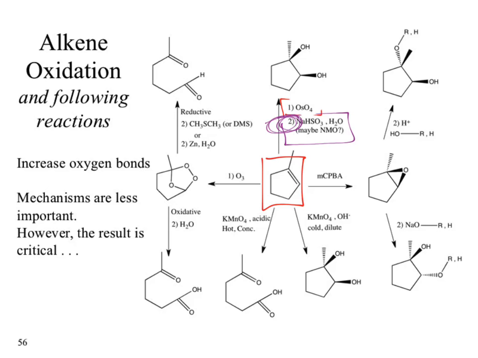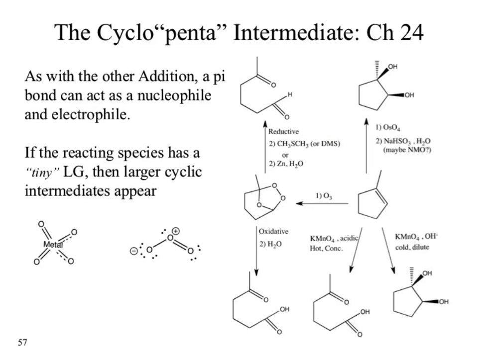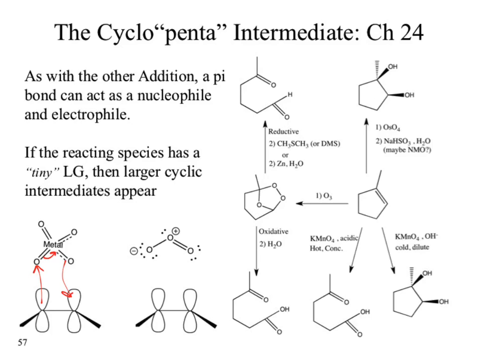So our pentacyclic intermediate, we've got our metal in the center with oxygens. And then ozone. When we're looking at coordinating those with a pi bond, with our pi bond, we're doing the same kind of thing. The pi bond comes out, shuttles electrons. We have 1, 2, 3, 4, 5 atoms in a ring.